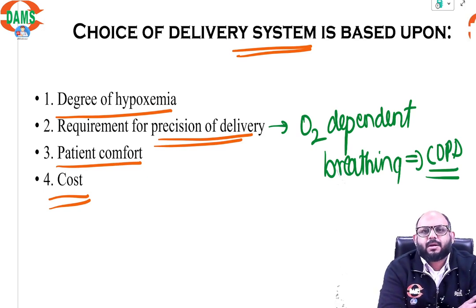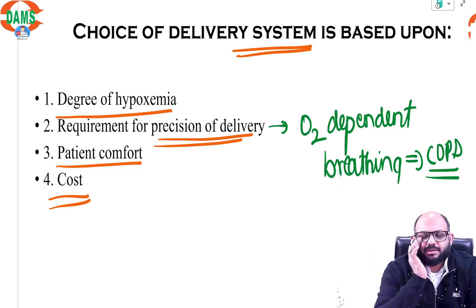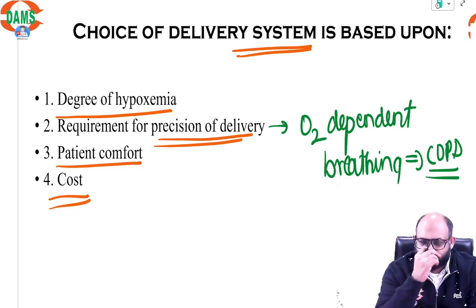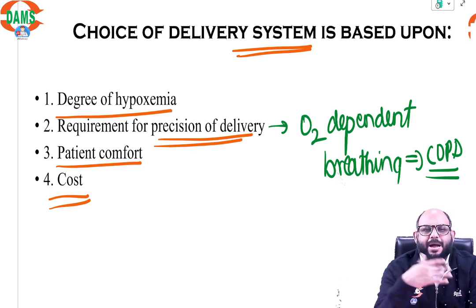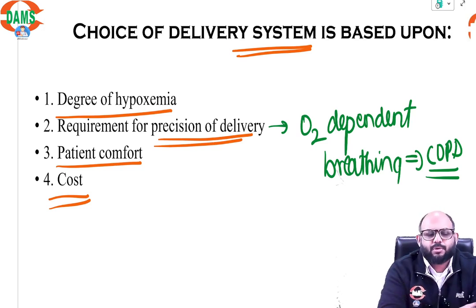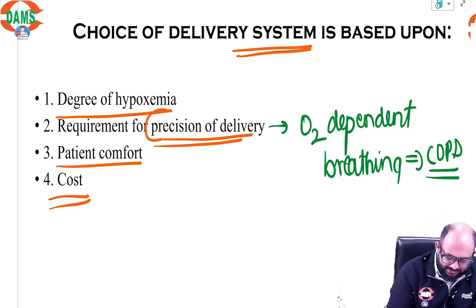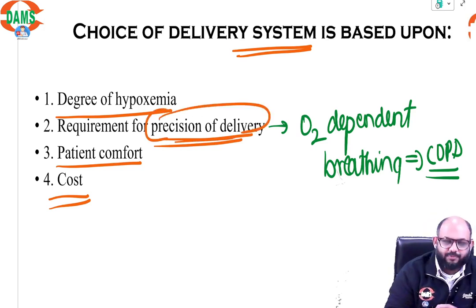They don't have CO2 dependent breathing, where the breathing rate is controlled by oxygen because of the down regulation of their CO2 receptors in the brain. So now they are oxygen dependent. So suppose you hyperoxygenate them, you give them more than the required concentration of oxygen, they will go into hypercapnic respiratory failure, right? So here the precision of delivery is dependent on the type of the patient.